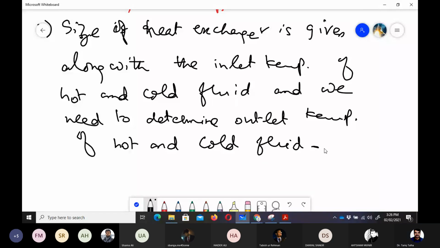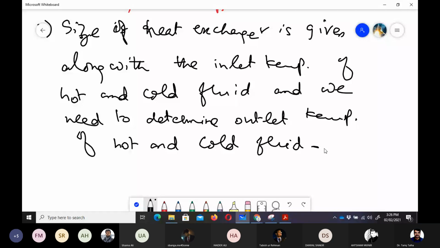So these are basically the two purposes for which any heat exchanger analysis is performed.